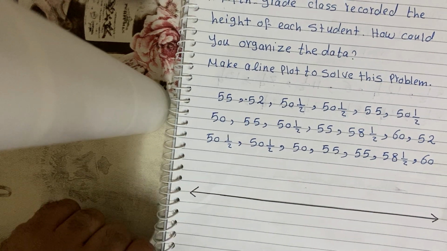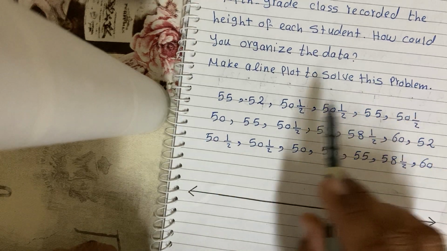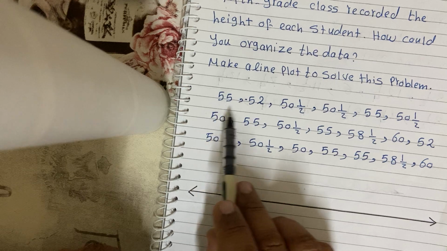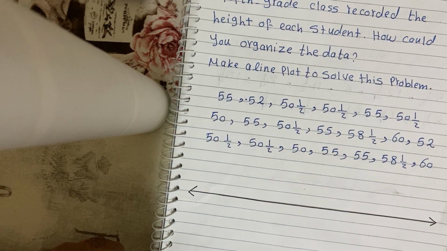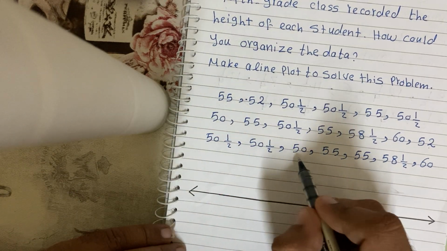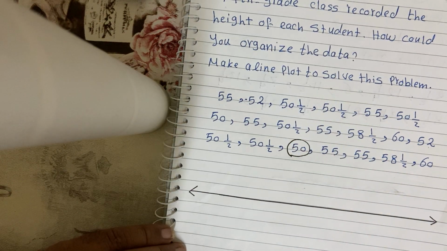After that, we are going to choose a scale for these data. What is the smallest number here? I think it is 50. This is the smallest number.